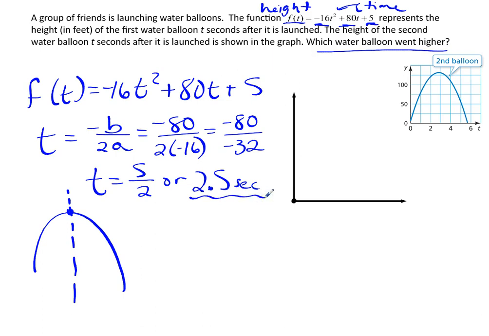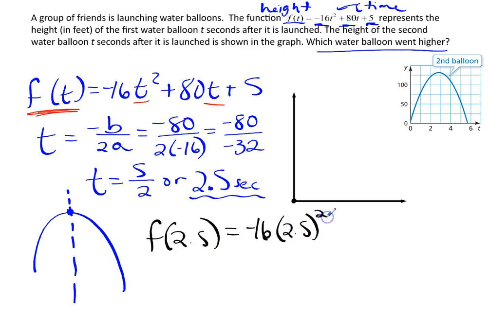So we're going to plug our 2.5 seconds into the original equation in order to find the height. So f of 2.5 is going to be negative 16 times 2.5 squared plus 80 times 2.5 plus 5.